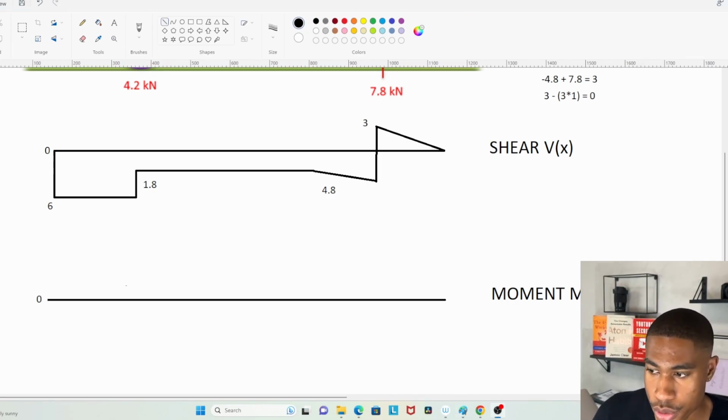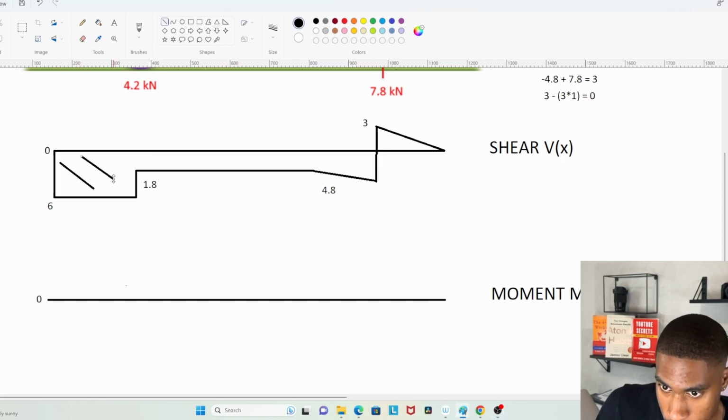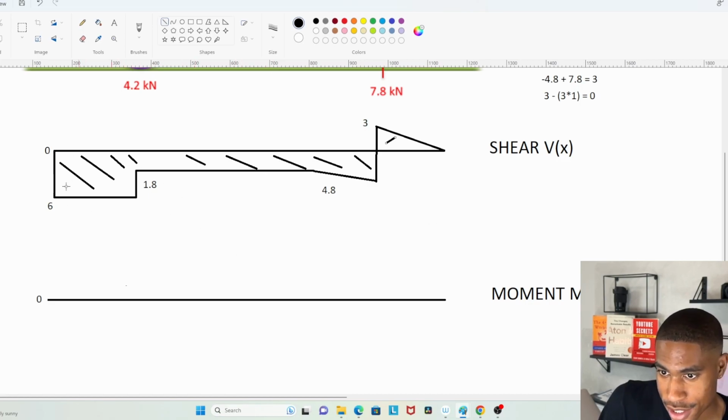So as we're doing our moment diagram, we are looking at the area within these shapes from our shear diagram. I tried to do a hatching, but don't know if that really helped or hurt this image.